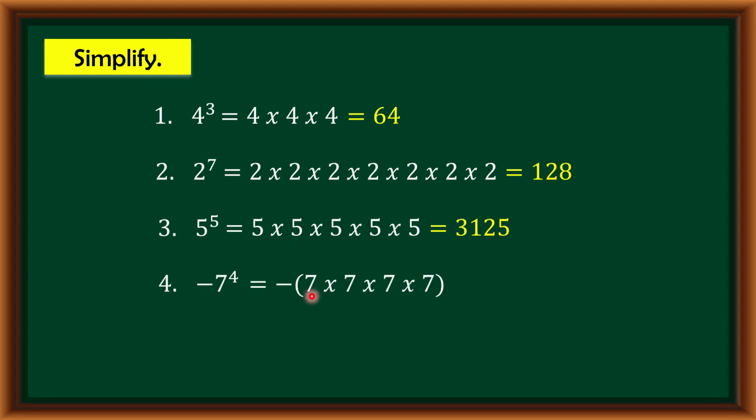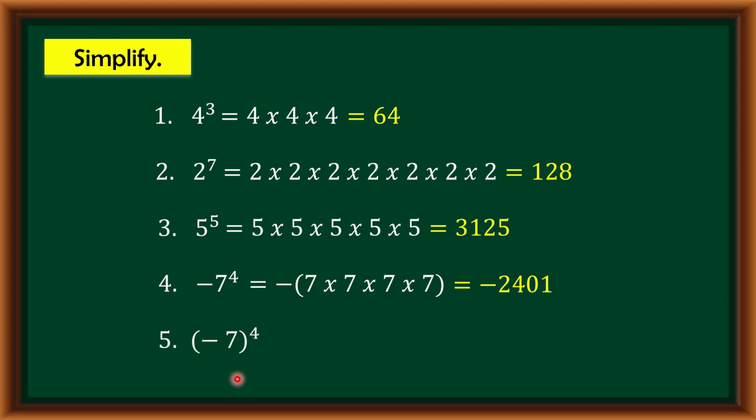So we have negative times quantity 7 times 7 times 7 times 7. And the product of four sevens here is equal to 2,401 times negative. That's why it becomes negative 2,401.